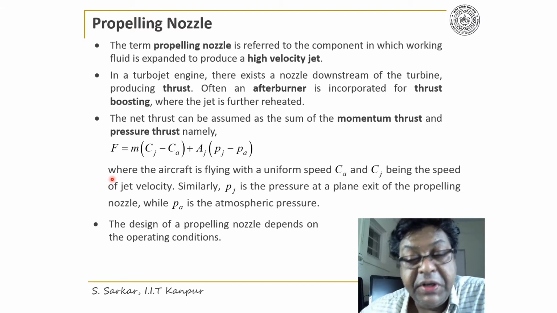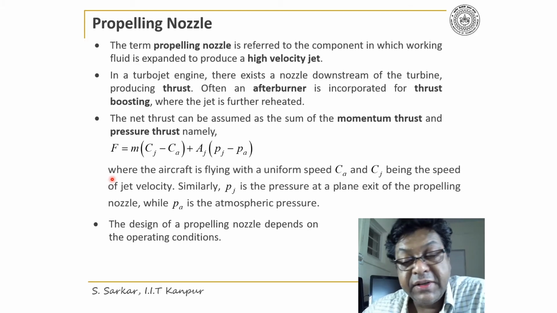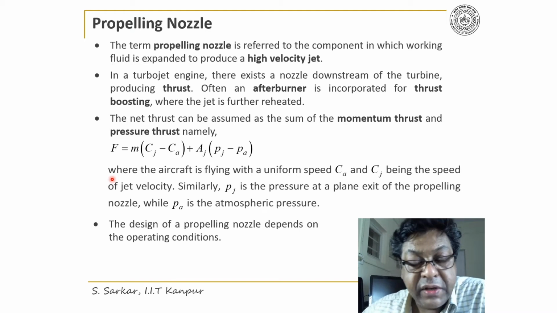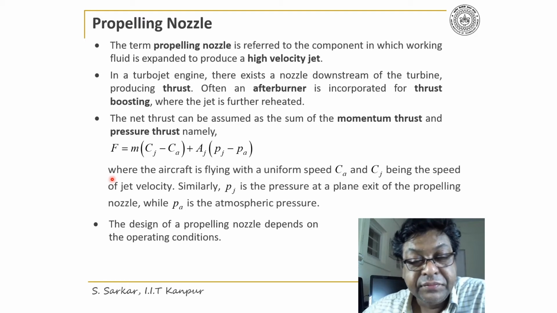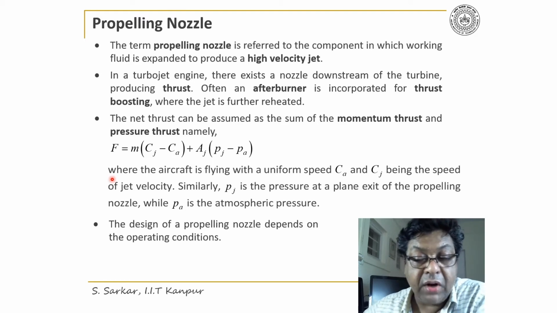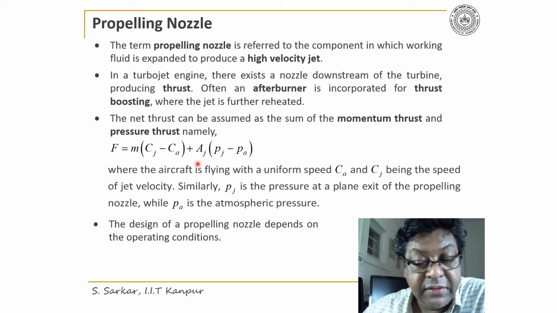Similarly, Pj is the pressure at the exit plane of the propelling nozzle, while Pa is the atmospheric pressure, and m is the mass flow through the engine, the mass of air, or in this case actually the mass of gas, and Aj is the effective area of the nozzle.